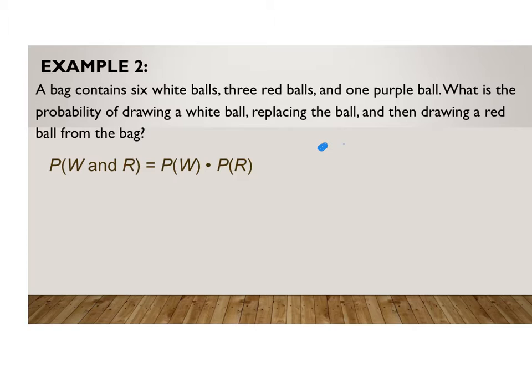They're going to be blue today. 1, 2, 3, 4, 5, 6, and 3 red, and 1 purple. Okay, yes, I could do white, but you wouldn't be able to see it. All right, so this is my bag. It contains these different marbles. What is the probability of drawing a white ball, replacing the ball, and drawing a red?